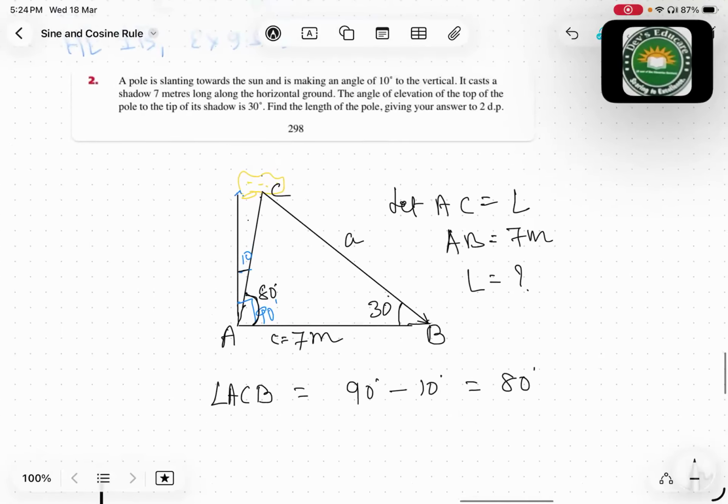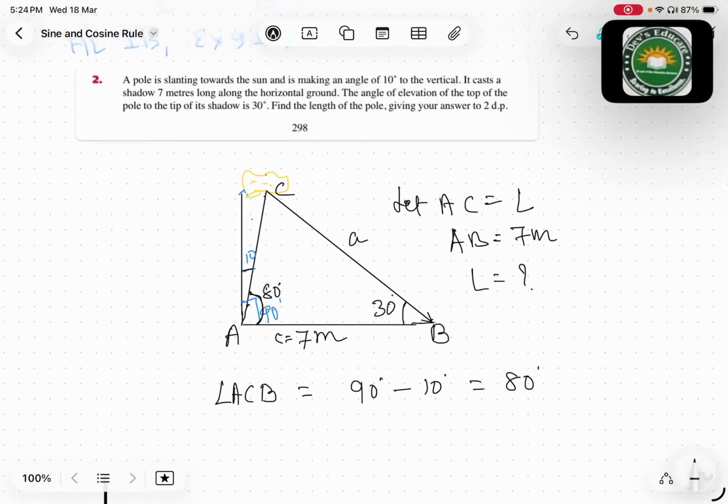What else is given? A pole is slanting towards the sun, 10 degrees to the vertical, it casts a shadow 7 meters long along the horizontal ground. The angle of elevation is given, this angle is given. The angle of elevation of the top of the pole to the tip of its shadow is 30 degrees.